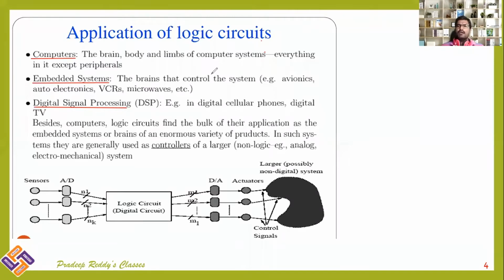The CPU is made up of many integrated circuits, and all those integrated circuits are made up of logic gates. Therefore the brain and heart, everything is made up of logic gates in a computer. Embedded systems are like avionics and auto electronics, VCRs, microwaves, etc. These all are embedded systems.